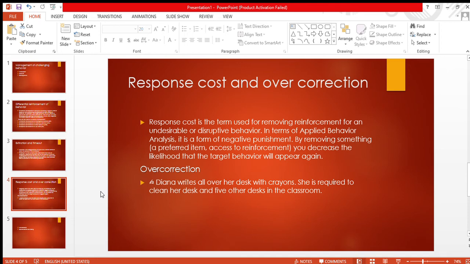For example, Diana writes all over her desk with crayons. She is required to clean her desk and 5 other desks in the classroom. So instead of cleaning only her desk, the teacher asks her to clean 5 other desks. To reduce this burden, they will not repeat the behavior again. That's how we do overcorrection of the behavior.